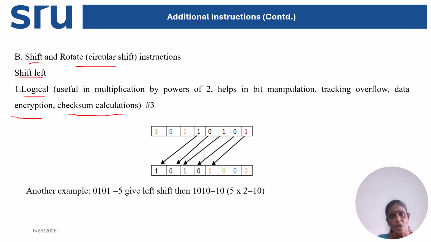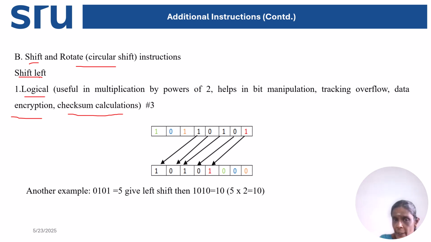So for example, here #3, why we have taken it: it means 3 times we have to shift, 3 positions we have to shift. That is the meaning of the symbol 3. Now, for example, 1 0 1 1 0 1 0 1.